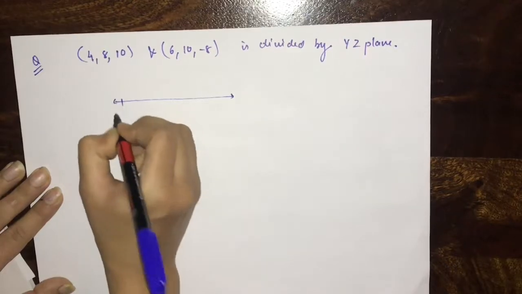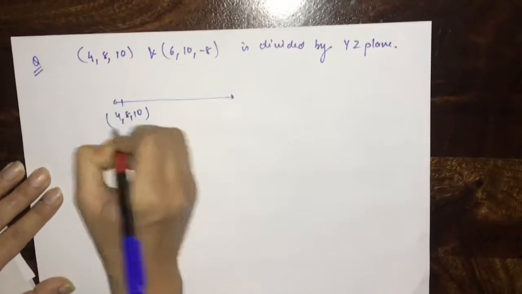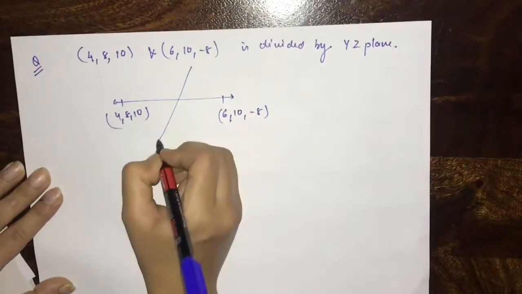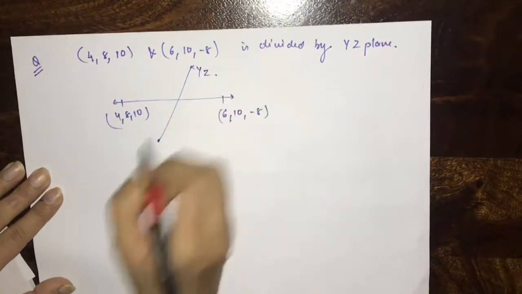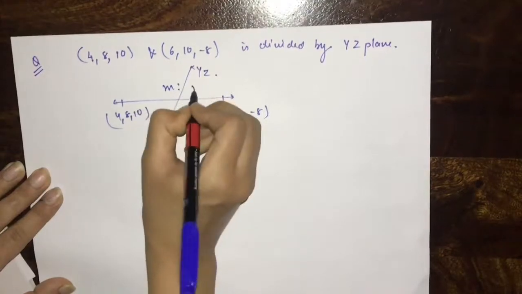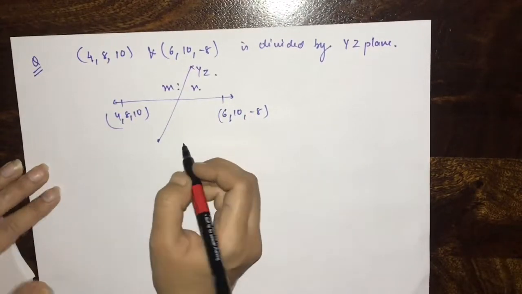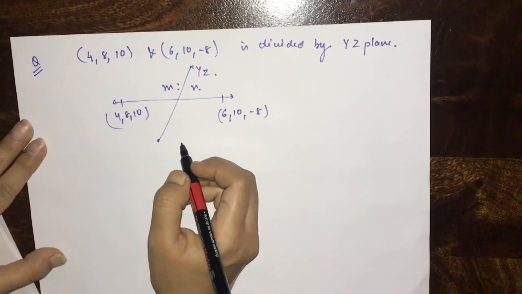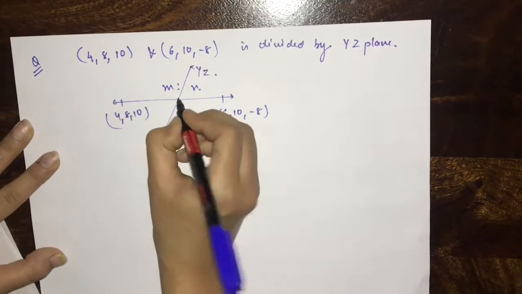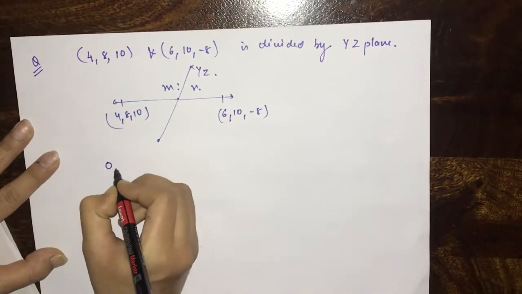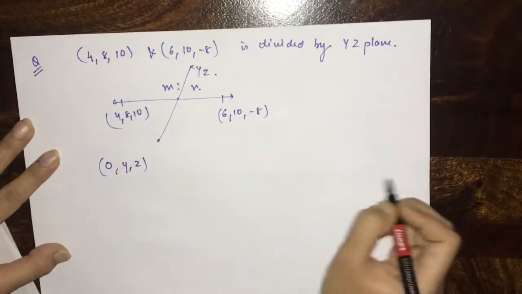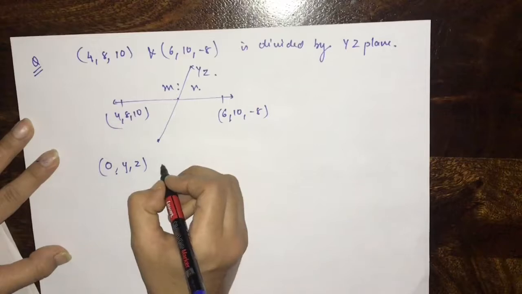Suppose you have 4 comma 8 comma 10 over here, 6 comma 10 comma minus 8 over here, and the YZ plane divides it in m is to n. Since nothing has been mentioned about internally and externally, we'll assume it's internally only. The x coordinate will be 0, and there are y and z coordinates because it's divided by the YZ plane.